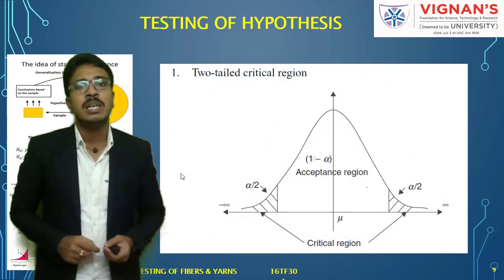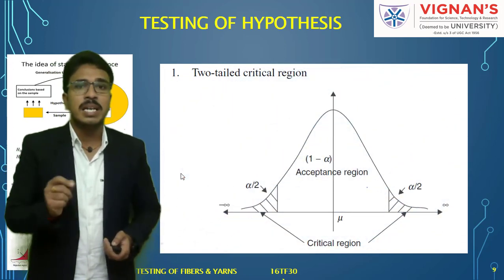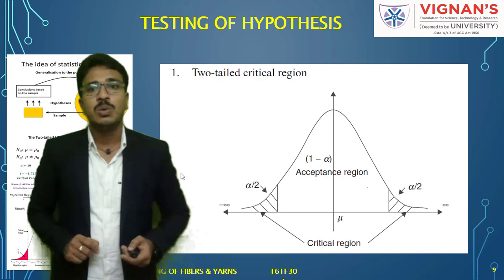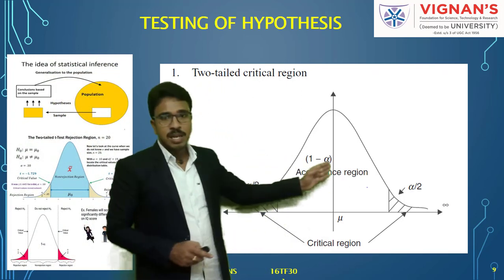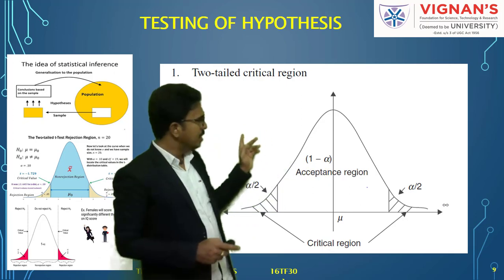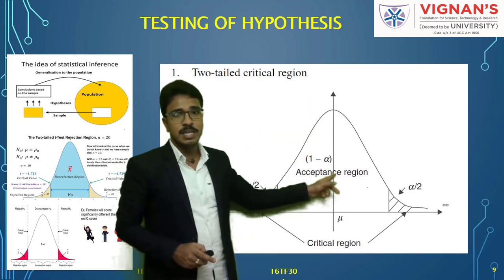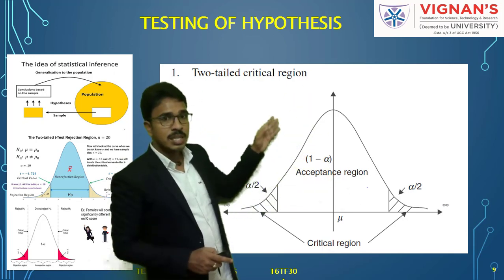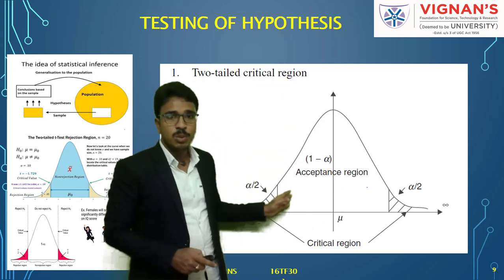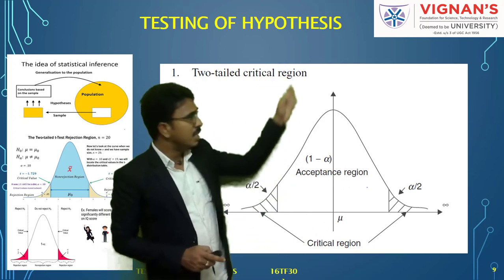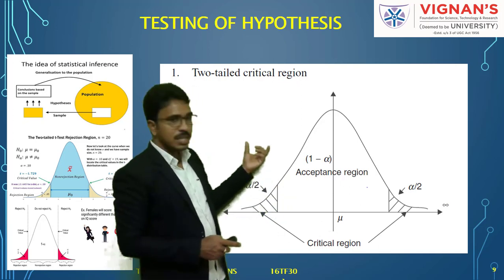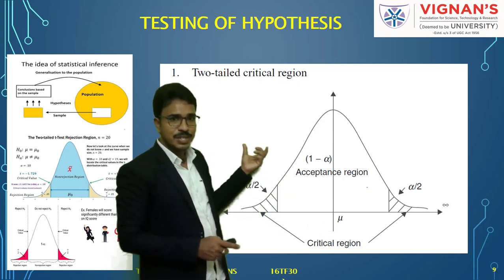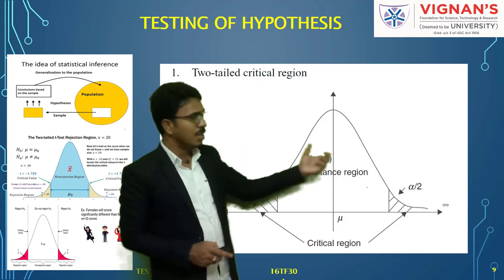Now if you see this, this is a two-tailed critical region. This is the normal probability density curve, and if you divide it into two halves, the center is always the mean. Now you can see these shaded regions, alpha by 2 and alpha by 2.